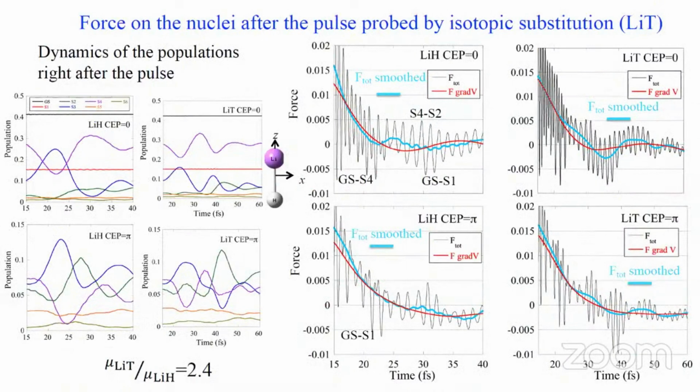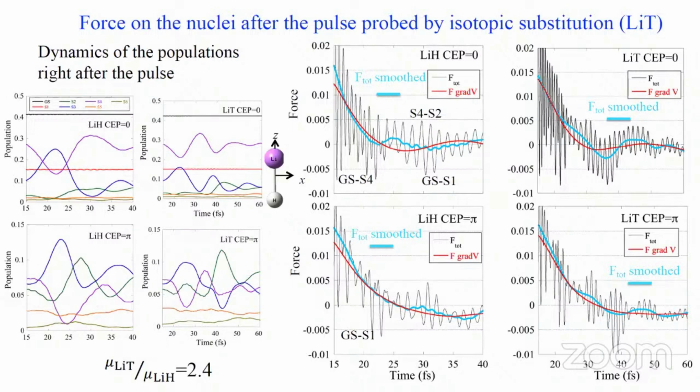And then we can also look at the force after the pulse, okay? This is a complicated slide, but I still have a few minutes. So I show here the dynamics of the population for LiH, for the two values of the CEP. And we are going to use isotope substitution, so look at LiT, so that we see the effect of the mass, right?